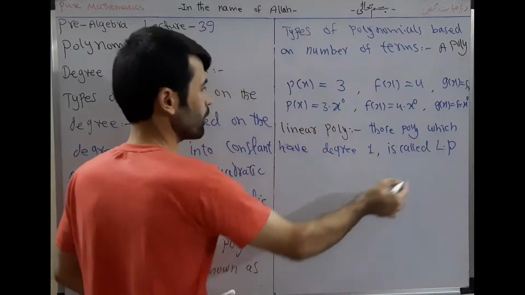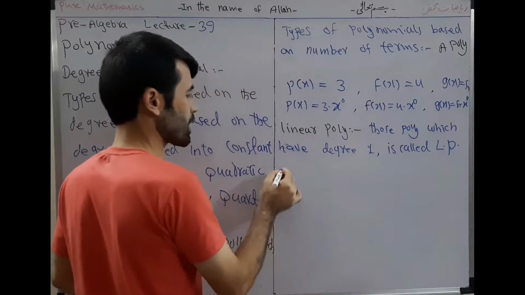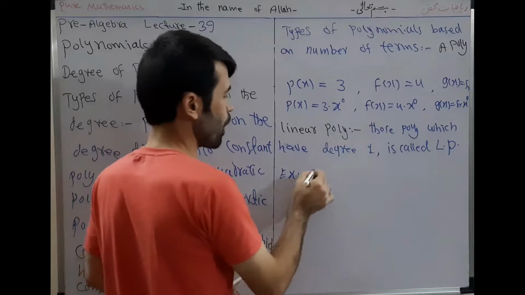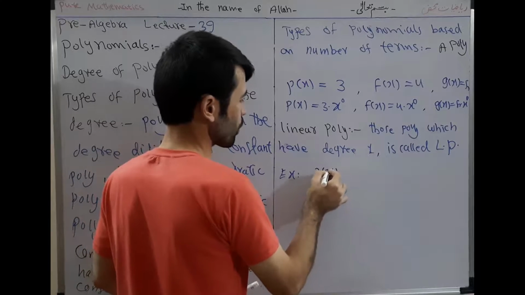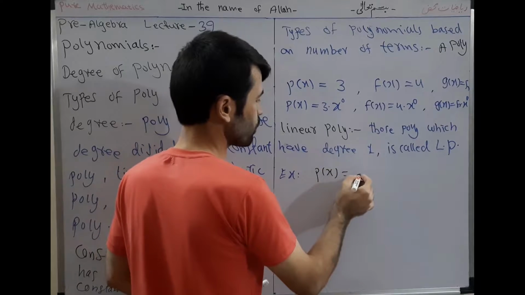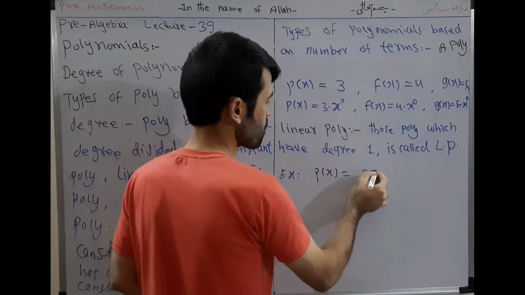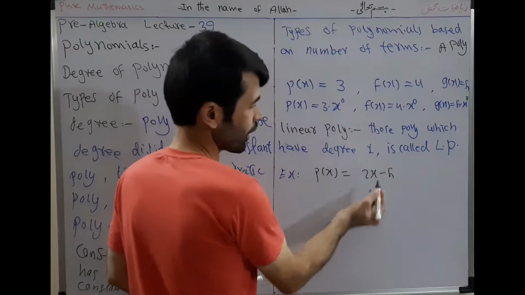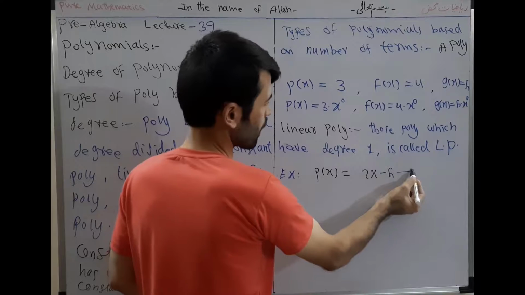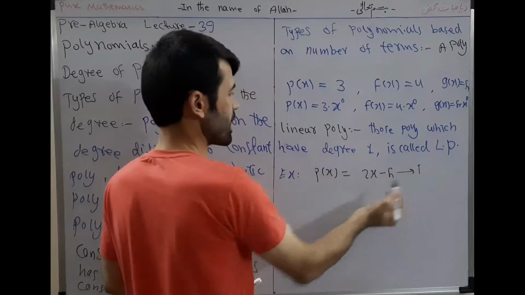Example, p of x is equal to 2x minus 5. Here the degree of this polynomial is 1. Therefore it is linear polynomial.